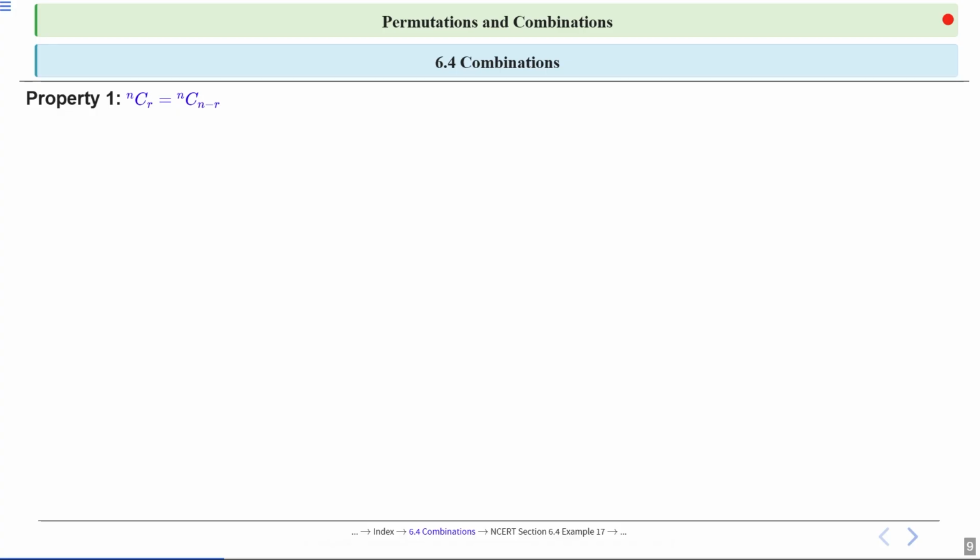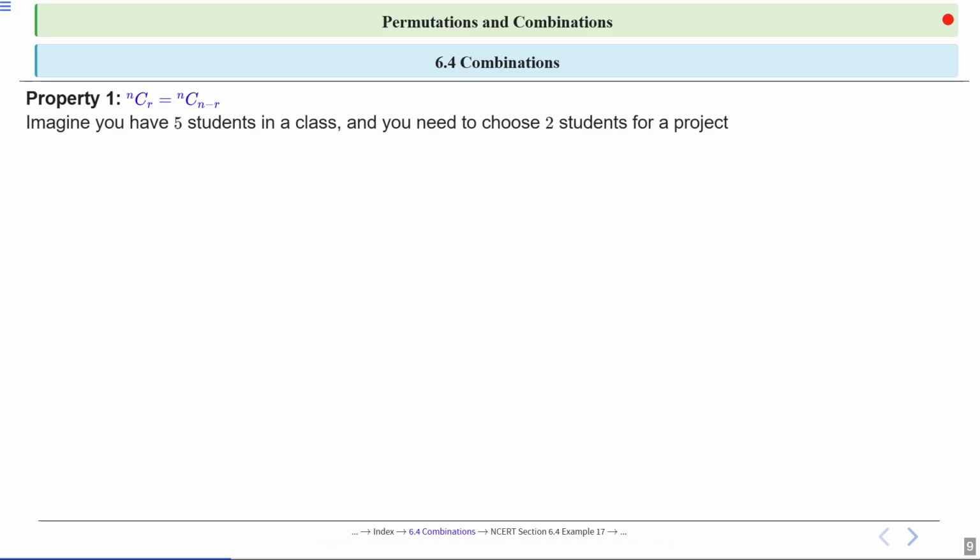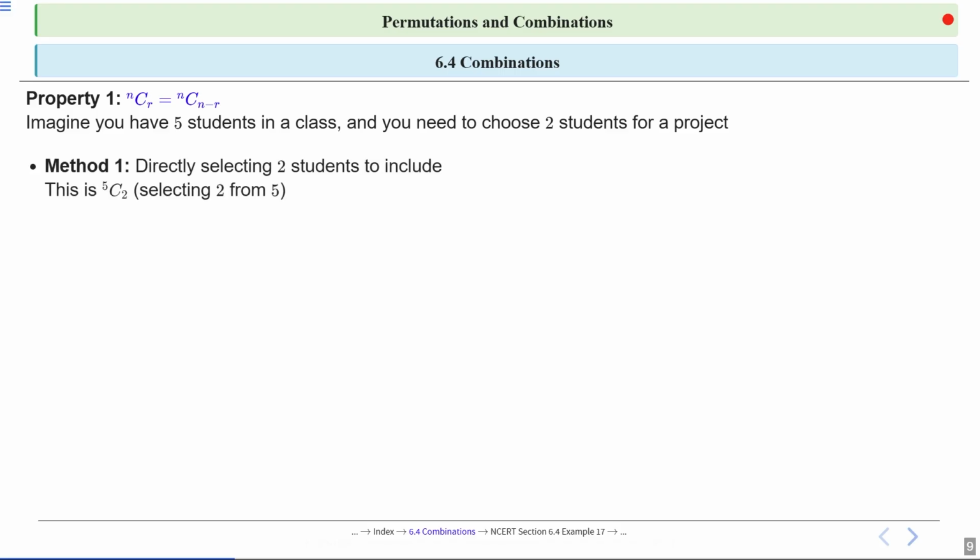Here we will understand this property better with the help of an example. Imagine you have 5 students in a class and you need to choose 2 students for a project. Okay, so in how many ways can you choose them? In method 1, directly selecting 2 students to include, this is 5C2. Okay, selecting 2 from 5.